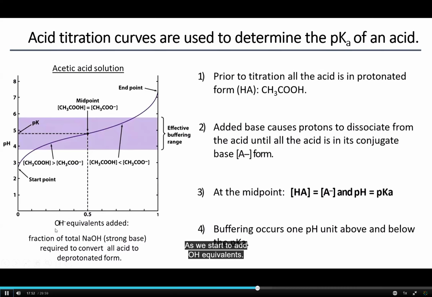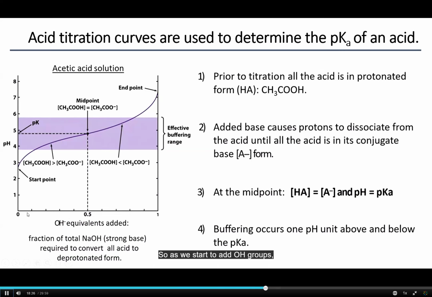As we start to add OH equivalents, an OH equivalent just means the amount of OH it would take to fully titrate this acid would be 1, because there's only one H on that molecule that can come off. If there's only one ionizing group, then it would take 1 full OH equivalent to completely remove that proton. I've skipped over the middle here, but I want you to make sure you understand what this axis is telling you.